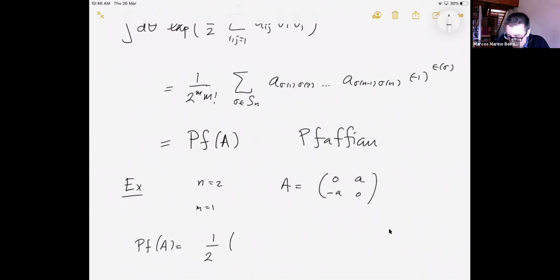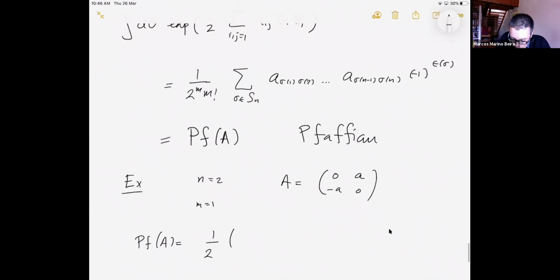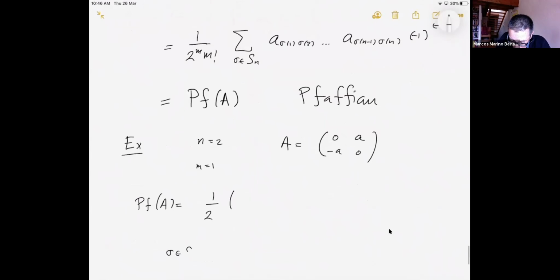There are two permutations: the identity, and the elementary transposition. If you apply the formula, the first term is A12, and then the signature of the identity is 1, while the signature of the transposition is minus 1, so there's actually a minus here.